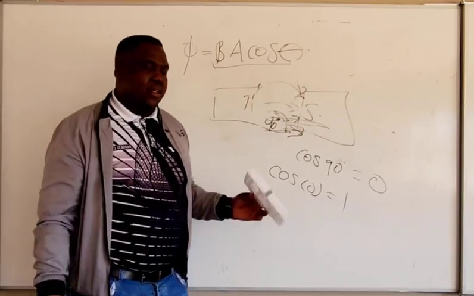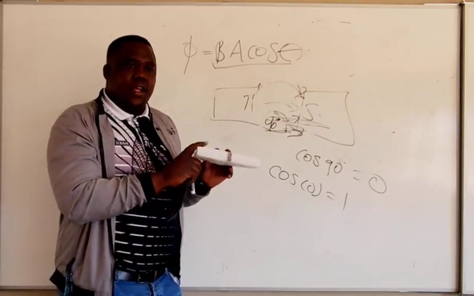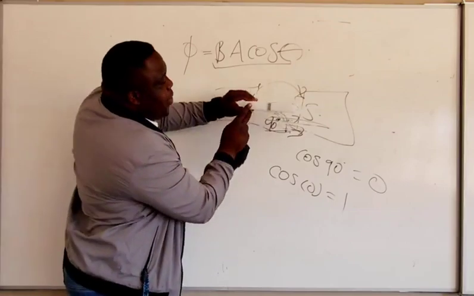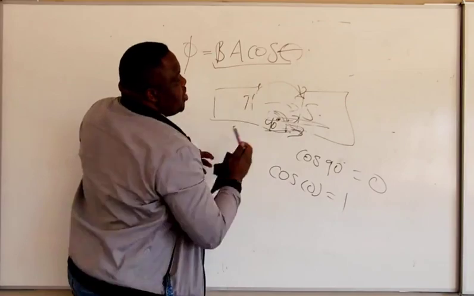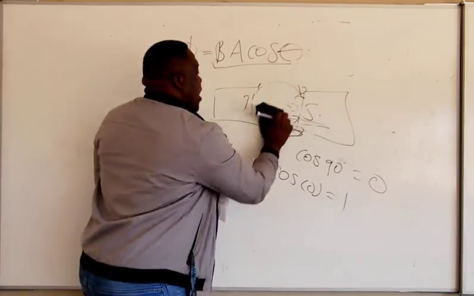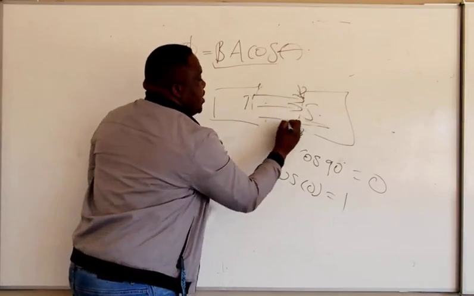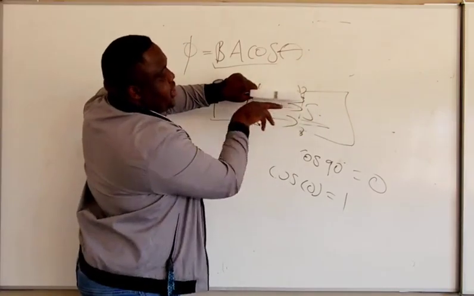I repeat, the normal line of the loop of the coil is situated in a manner that when the coil is parallel to the magnetic field lines, facing this direction, you can see all of them.